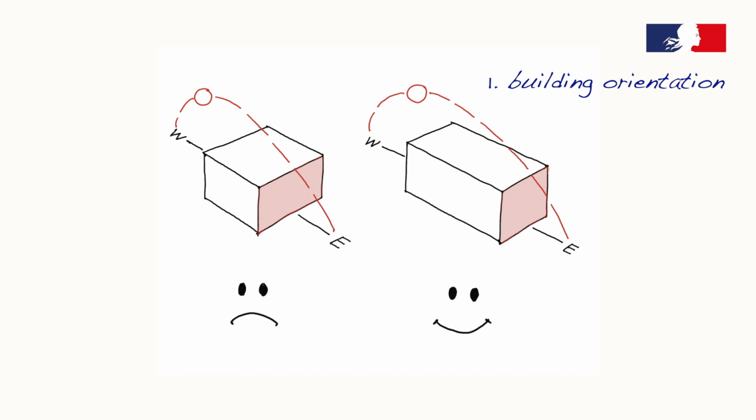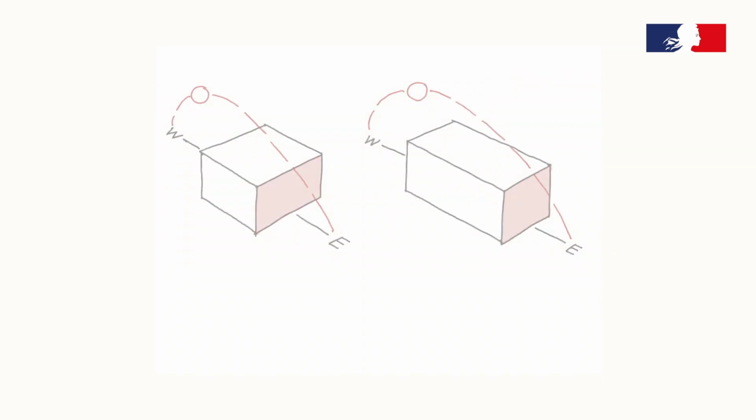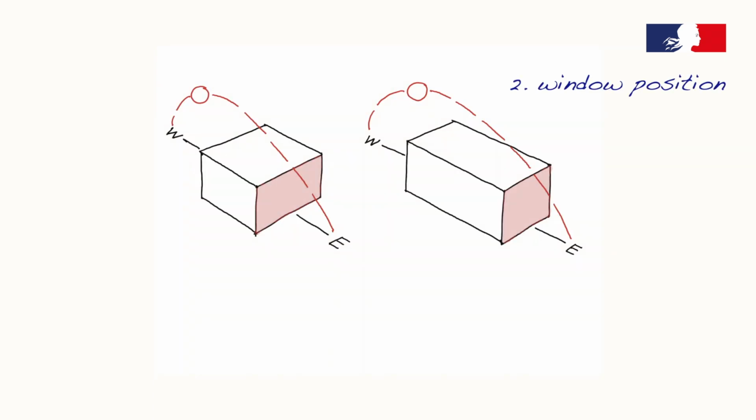Therefore, elongated shapes are better than compact shapes. Secondly, the window position. We should put our openings on the building sides that are least sun-facing. So north and south sides are better than east and west sides.